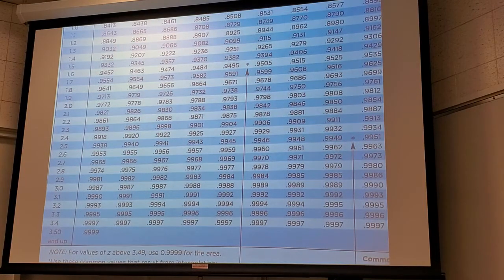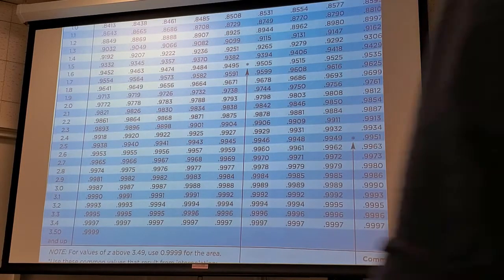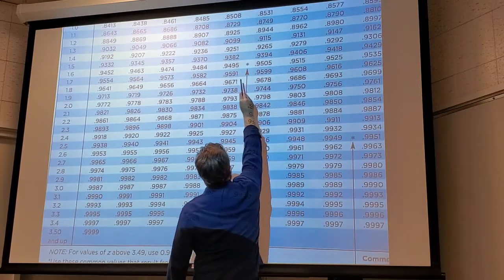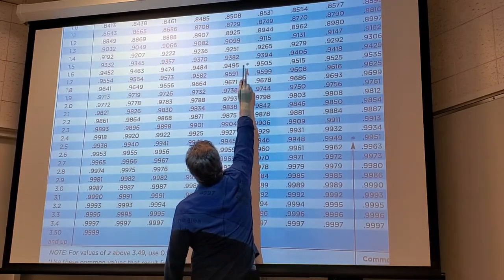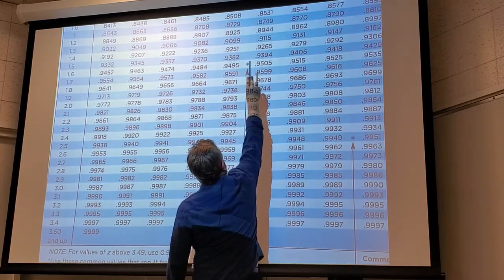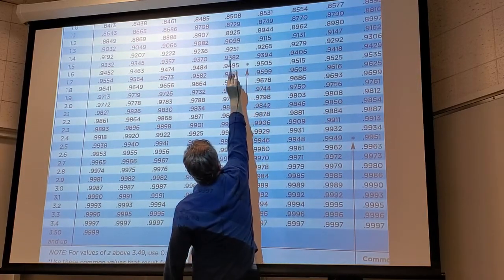It's 1.645. You just had your point in the wrong place. There it is, 1.645. Do you see how it's right between 1.64 and 1.65?